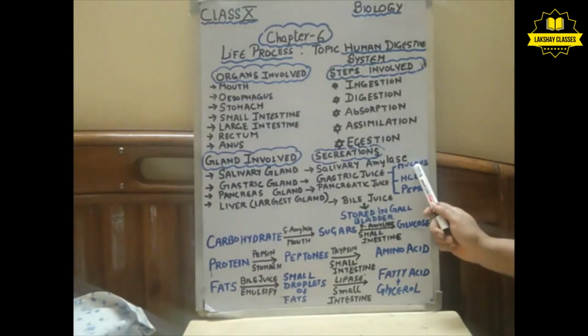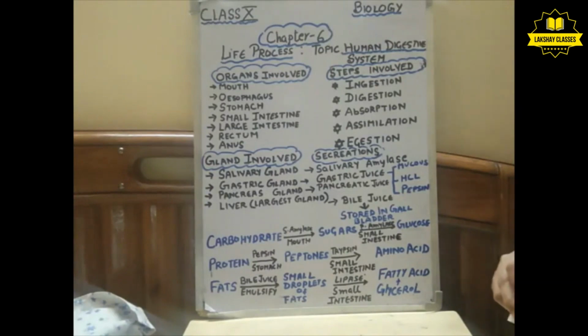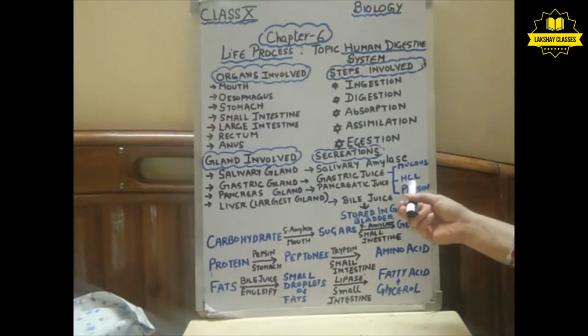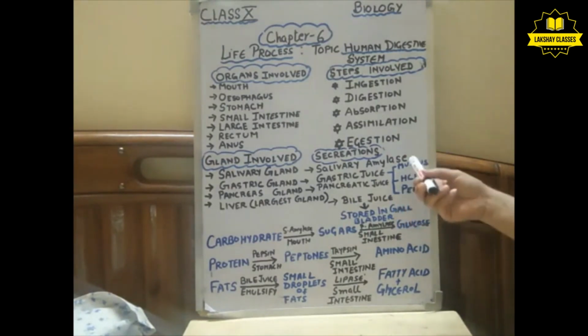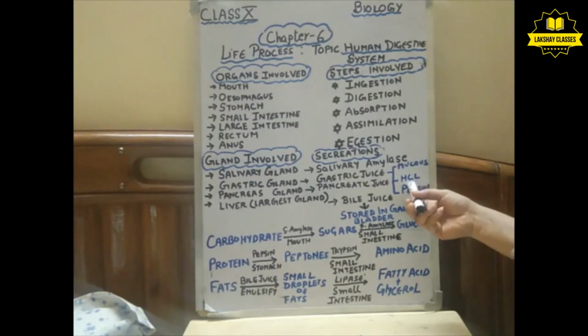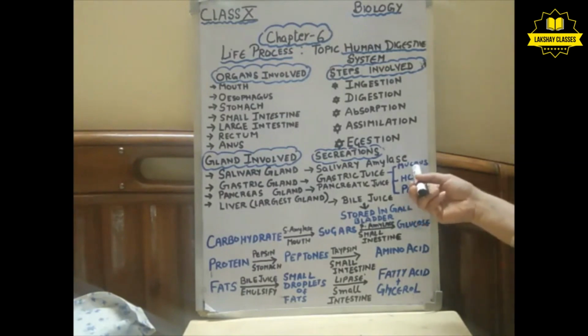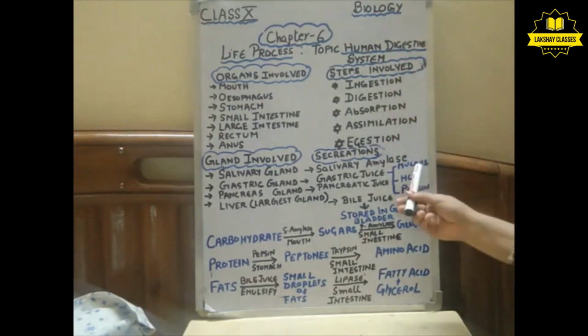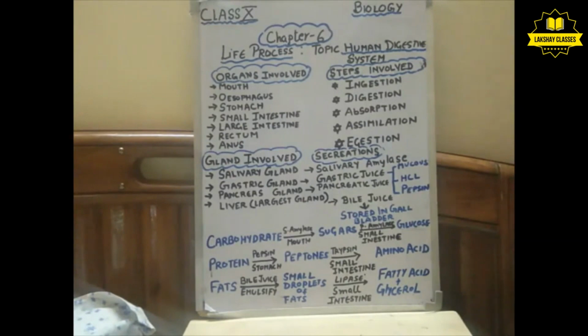Now, why is mucus required in our stomach? There is acid in this gastric juice. So acid will cause a burning sensation on the walls of the stomach. To prevent that, the mucus lining covers the walls of the stomach and prevents your stomach from ulcers.